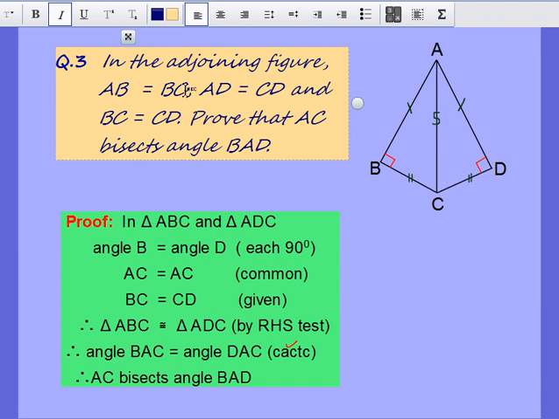Sorry, it was the perpendicular sign; I could not make it, so I kept it blank. So AB is perpendicular to BC. You have to just make the perpendicular sign.